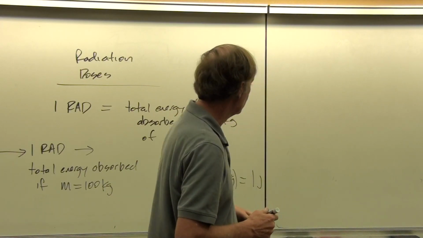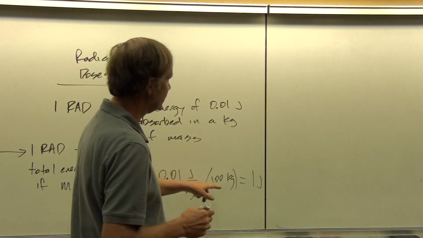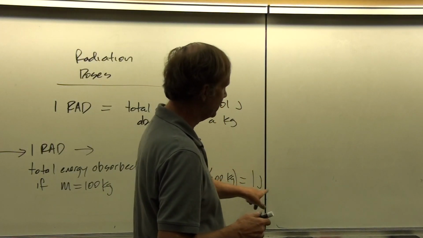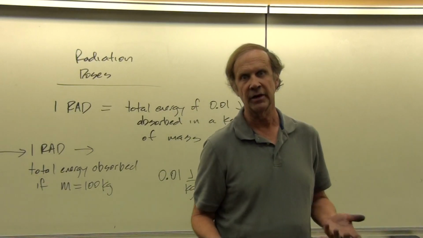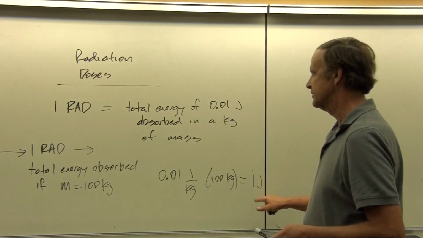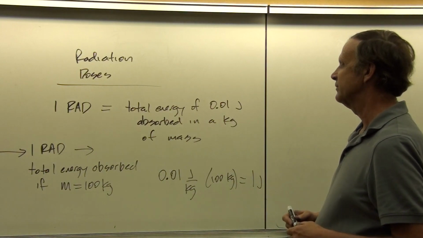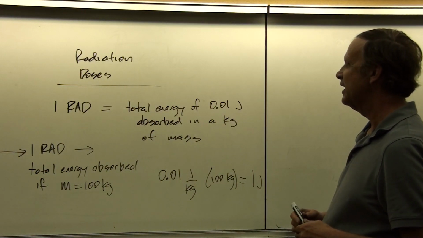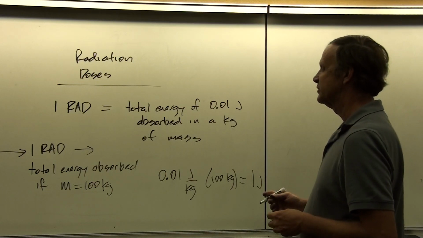That's a really promising kind of therapy that actually does use proton radiation. But typically this radiation might take the form of beta particles, alpha particles, or neutrons. And so that's 1 rad, an absolute amount of radiation that is absorbed.